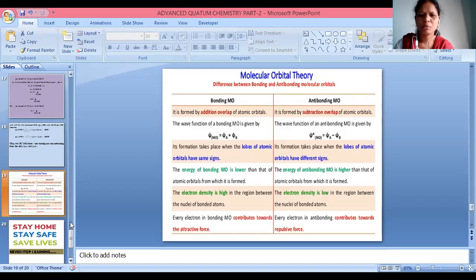Every electron in a bonding molecular orbital contributes towards attractive force. Similarly, every electron in an anti-bonding molecular orbital contributes towards repulsive force. So these are some exact differences between bonding and anti-bonding molecular orbitals.